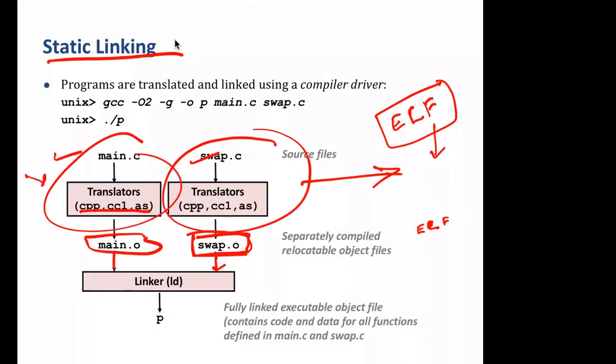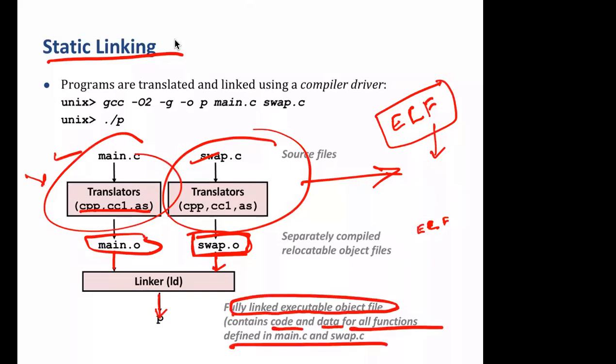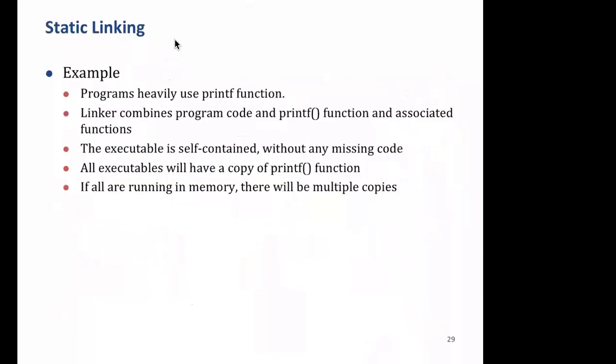Then you have the output at the end, which is an executable: a fully linked executable object file, which contains code and data for all functions defined in main.c and swap.c. When you put this file in RAM, it becomes a process. And who puts this in RAM? Something called the loader. Remember this functionality.